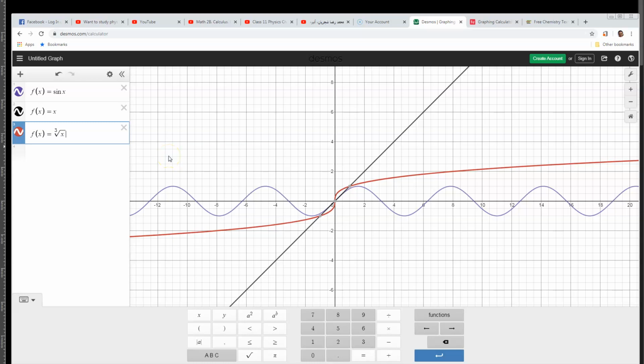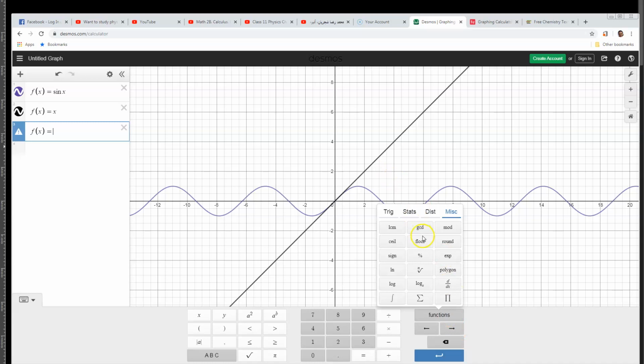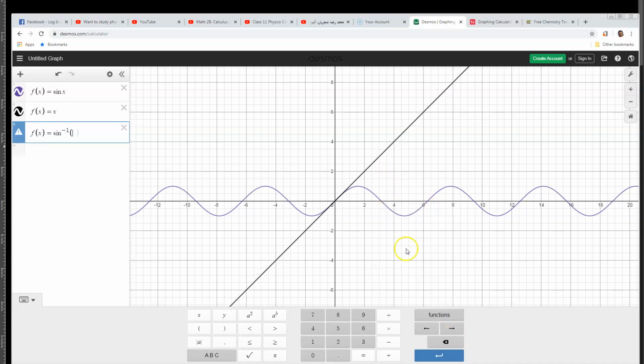Now if I draw the graph of the function y equals sine inverse x, as you can see, the graph of this function is basically only a branch of the graph of y equals sine inverse x.